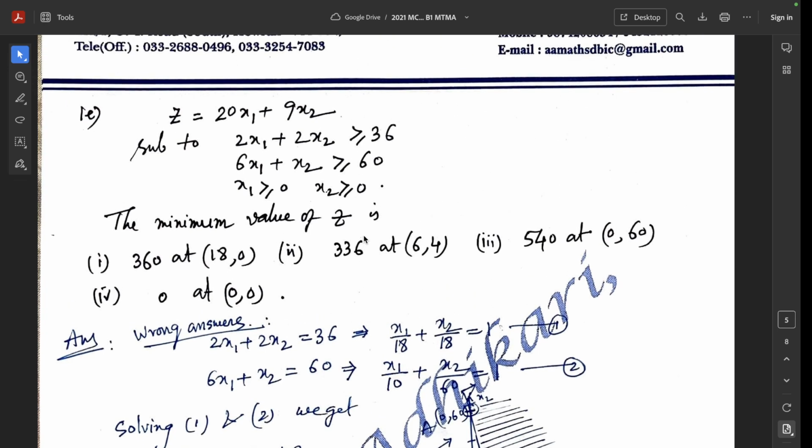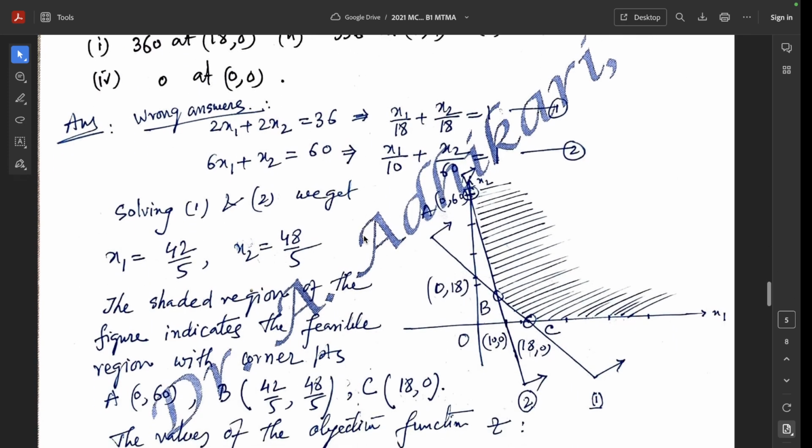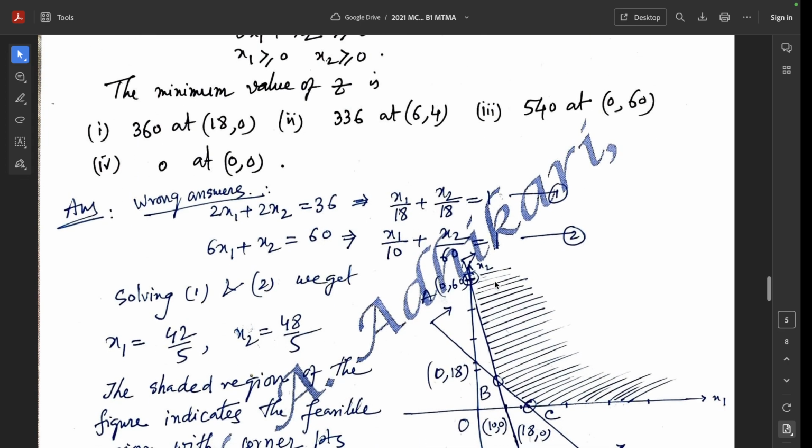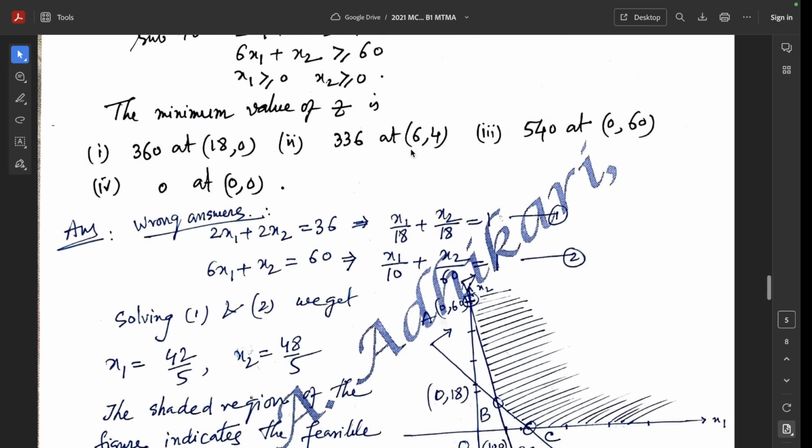First, we solve this problem graphically. First we draw the line 2x1 plus 2x2 equal to 36, so x1 by 18 plus x2 by 18 equal to 1. This is the x1 axis, this is the x2 axis. This is greater than or equal to, so obviously the region is in the direction opposite to the origin.